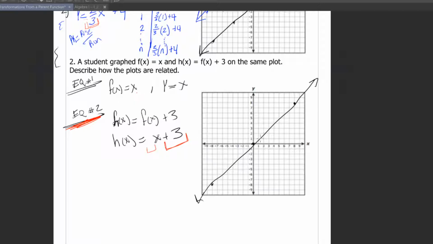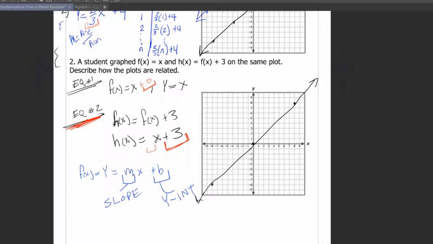So our y-intercept went from 0, which is f of x equals x plus 0, that's our y-intercept, to x plus 3. Again, using y equals mx plus b, where m is the slope and b is the y-intercept, right?